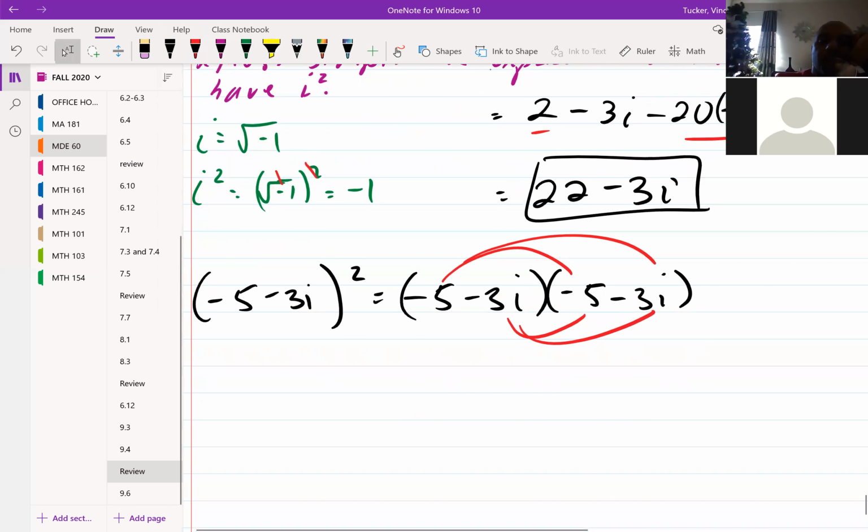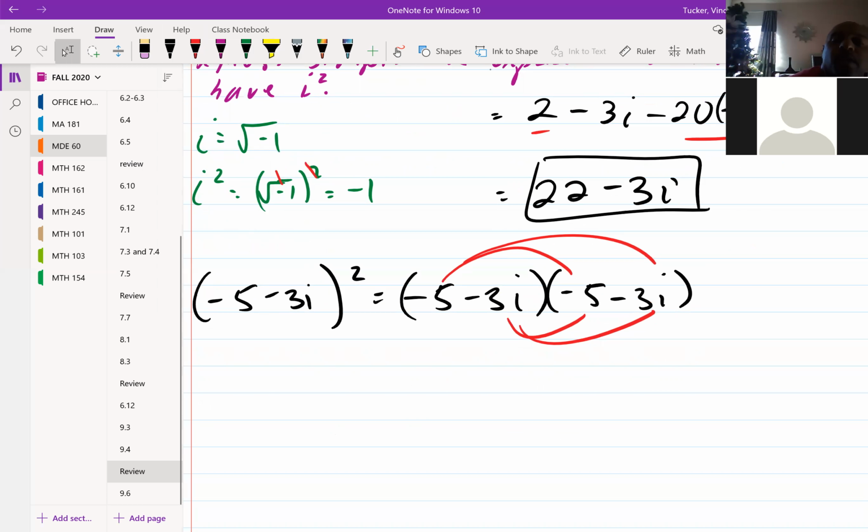Professor, I have a question. I don't know when to use a squared plus 2ab plus b squared. I get confused when I see a problem like this. When do I use that?